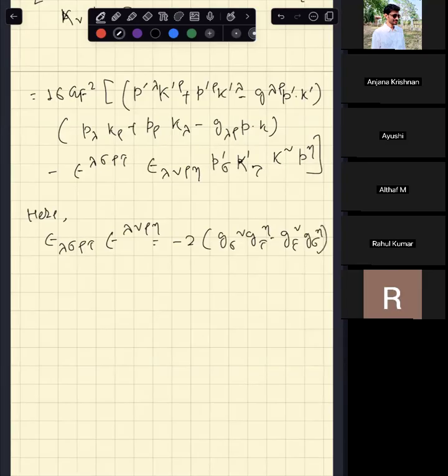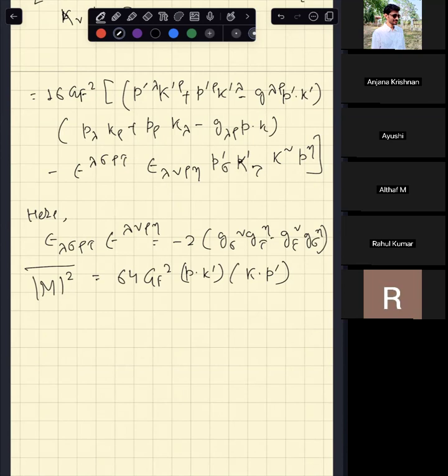Okay, so if you use all this form, then eventually you will find out mod m square average is basically 64 gf square p dot k prime into k dot p prime. Okay, so this is the mod m square we have computed.